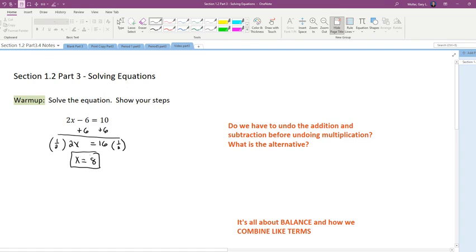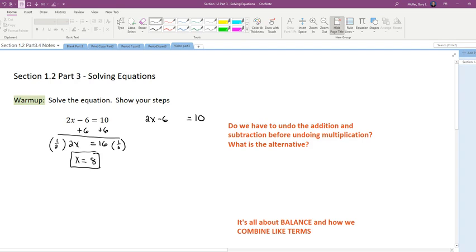So I'm going to take another stab at it, and I'm going to do it right here. So I'm going to rewrite this problem. I'm going to give myself just a little bit of room here. Okay, so when we solve this problem and it looks like we add 6 to the negative 6, what we're really doing is we're adding 6 to the entire left side of the problem.